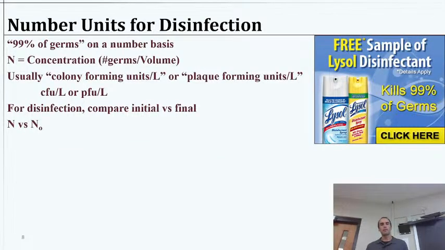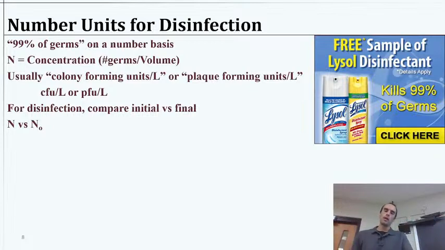Another type of units that we will use would be a kind of a proportion of numbers. So in number concentrations, we'll often say N for number of, let's say, germs, microbes, whatever, per liter. And when we compare what we start with to what we finish with, we often see this very common claim, kills 99% of germs.